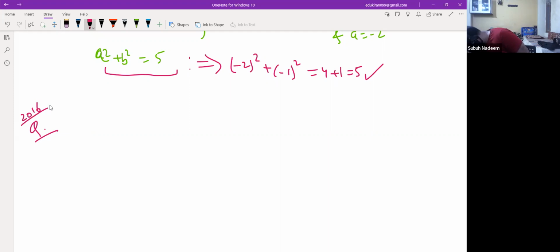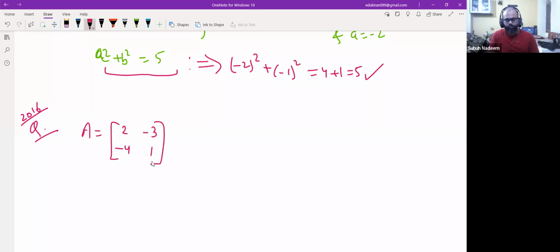If A is equal to [2, -3; -4, 1], then you have to find the adjoint of 3A square plus 12A.